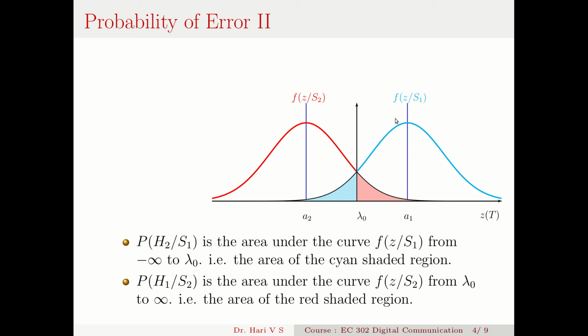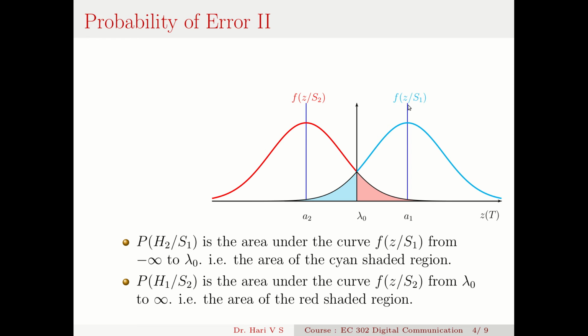Now, when do I have an error? When I transmit S2(t) with a mean A2 and some extreme amount of noise is added to that, and it crosses this threshold lambda 0. Now my receiver sees my Z somewhere here, and it makes a decision H1, that is S1 is transmitted.